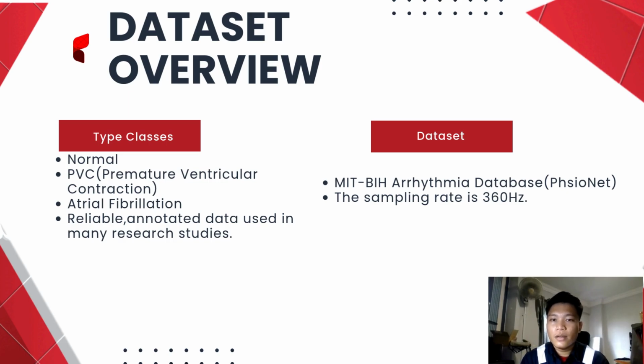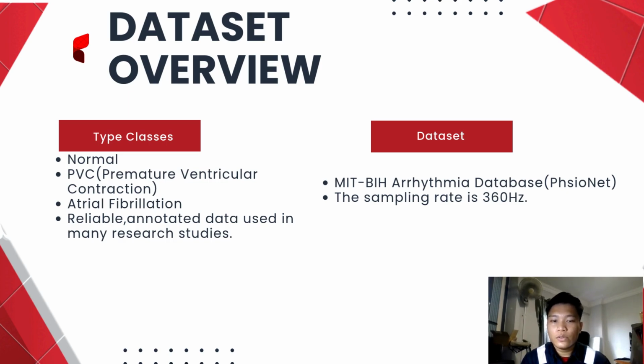Each recording is annotated with arrhythmia type such as normal, premature ventricular contraction, and atrial fibrillation. This dataset is widely recognized in research, making it reliable and suitable for training and evaluating classification model.